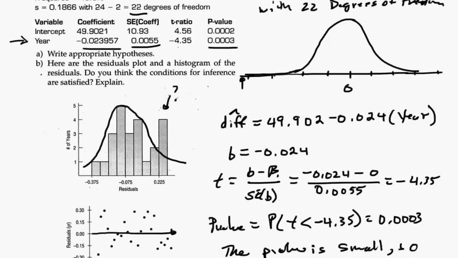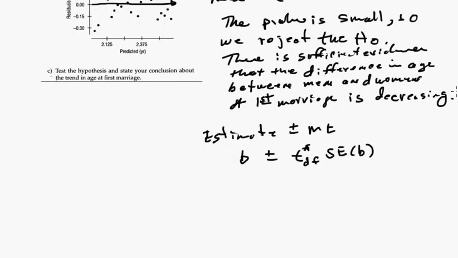So b was negative 0.024 plus or minus this value here is going to be inverse t of, let's say we want a 95% confidence interval, so 0.025, and the degrees of freedom, what's the degrees of freedom? 22.